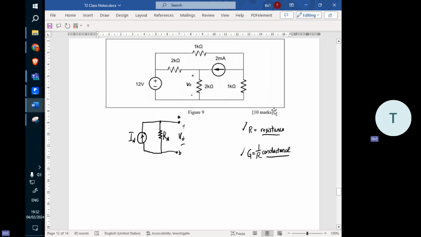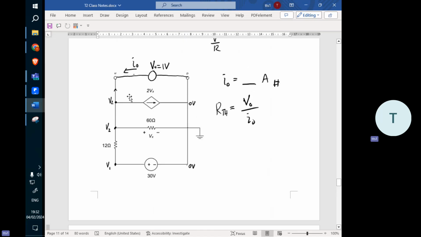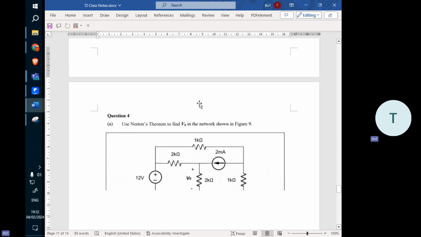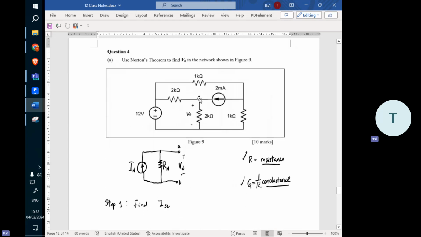So step one is to find the short circuit current. We replace the output with a short circuit, just like the previous one. We replaced it with a 1 volt multiplier there. Here we just replace with the short circuit.